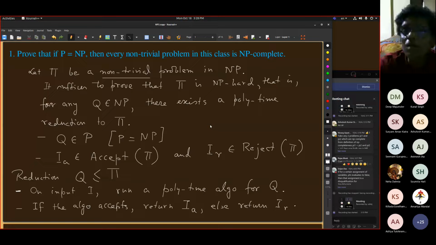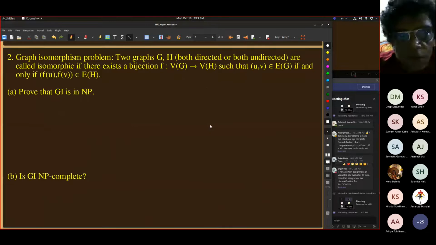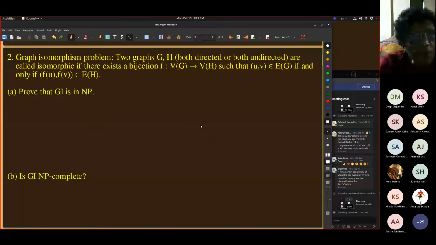Okay. So now let us look at a few real life examples of reduction. This is actually a bad problem, but a celebrated problem. This is called the graph isomorphism problem. So two graphs G and H are given to us. They may be both directed or both undirected, doesn't matter.